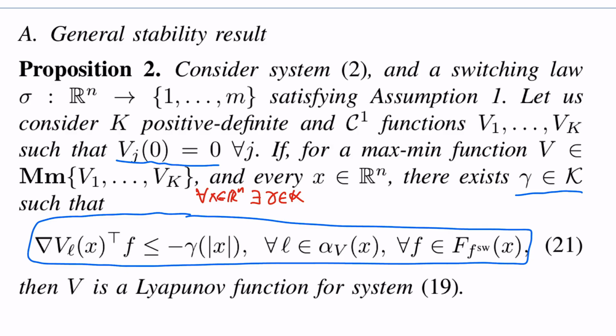We're basically saying that this is the negative definiteness of v-dot, quote unquote.